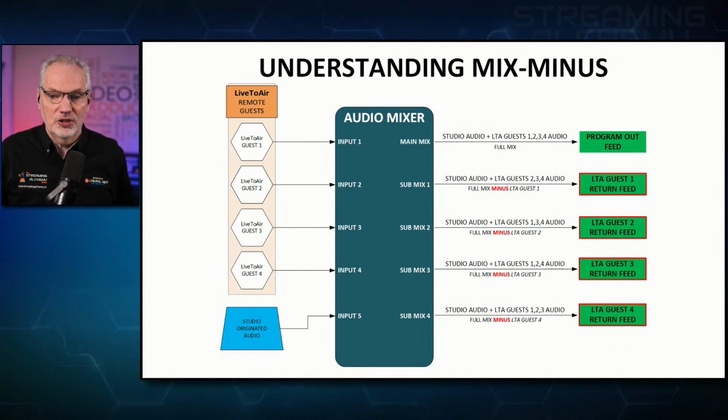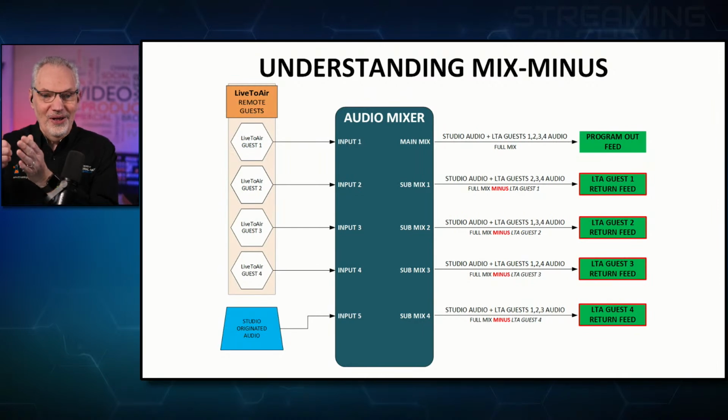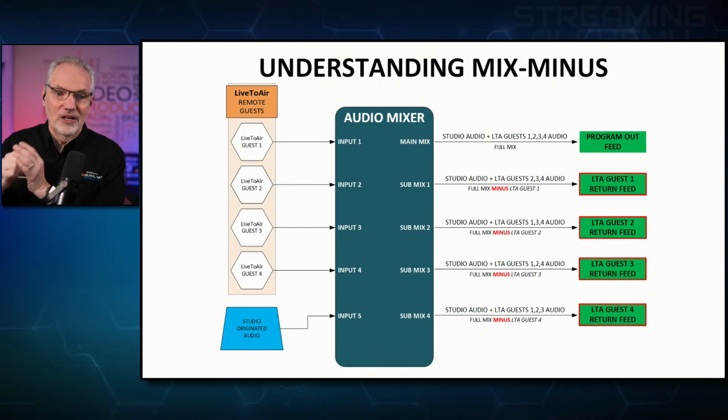But for what you send to the remote guest, you only need to send the studio originated audio, because the LiveToAir system will get that audio, and then for each guest, it traps that audio and creates individual mixes, the correct mix minus. So for LiveToAir guest 1, LiveToAir mixes guests 2, 3, and 4 plus the studio return audio and sends that back to guest 1. So that's where that mix minus comes in.